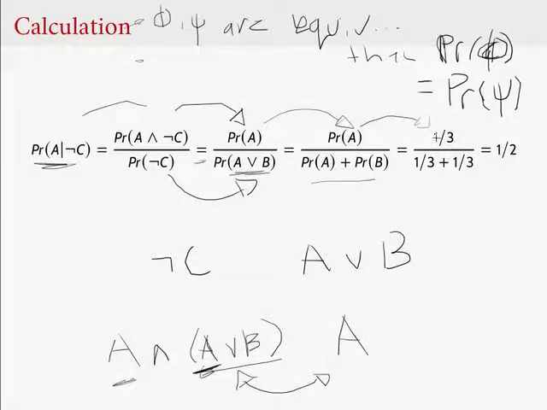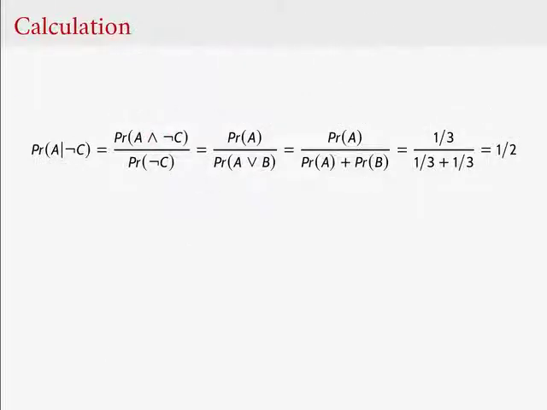So the probability that the prize is behind A is 1/3, and the probability that the prize is behind A is 1/3 again, so we have two of the same terms, and the probability that it's behind door B is also 1/3. So simplifying, we get the answer 1/2, and that is exactly the intuitive answer which we began with.